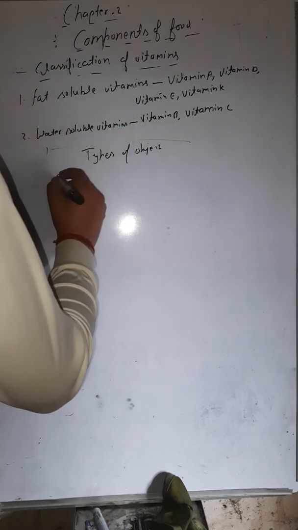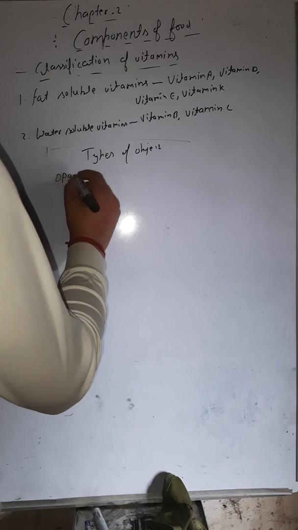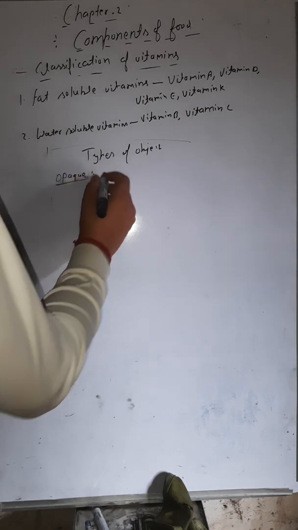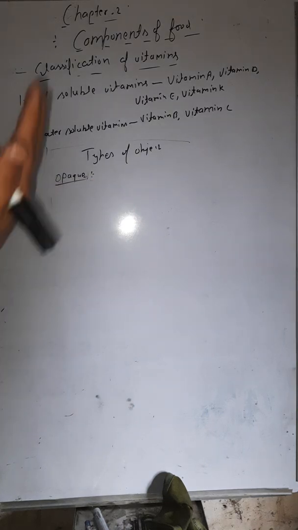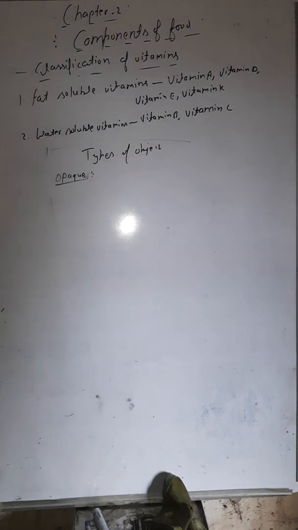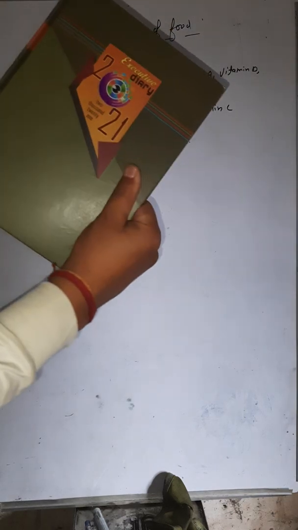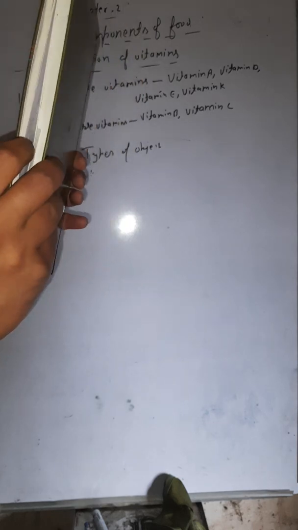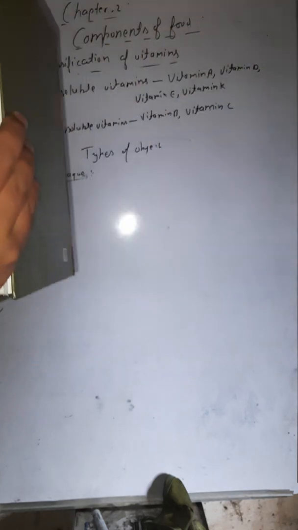The first one are known as the opaque objects. Opaque objects are which objects? Objects through which we cannot see. If you take this diary, it's an opaque object, we cannot see through. Suppose I just want to see from here, I cannot see.